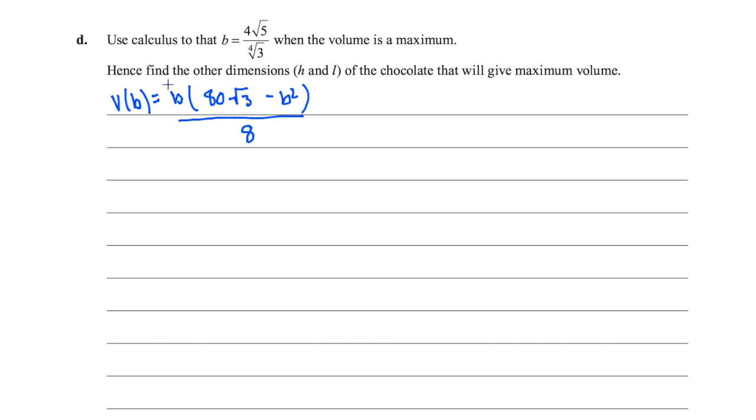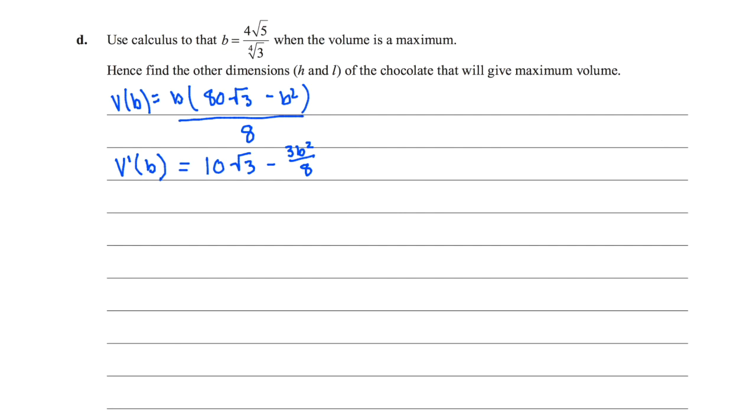Okay, show when the volume is a maximum. So we need to know the value of b when the volume is a maximum. Well, it's a maximum at the turning point. So we can say v dash of b is equal to, chuck it in your calculator, you get 10 root 3 minus 3b squared on 8.